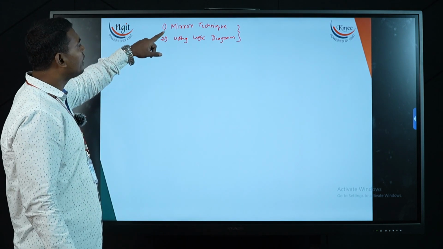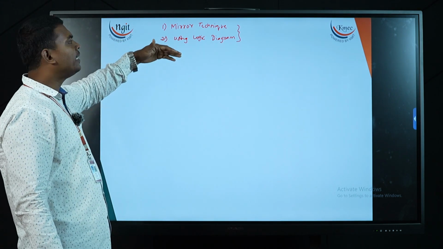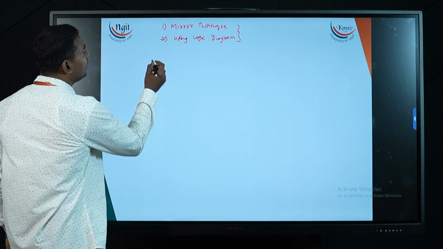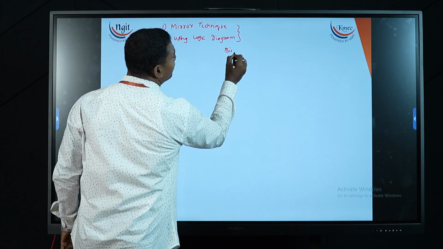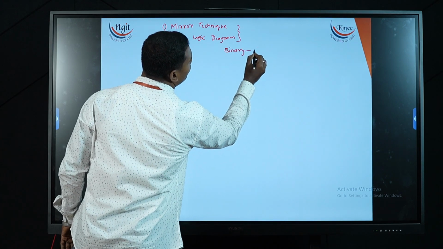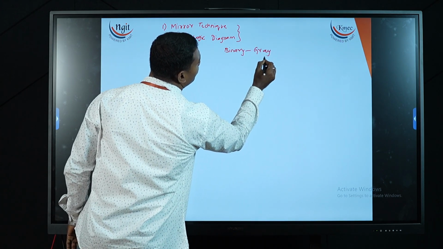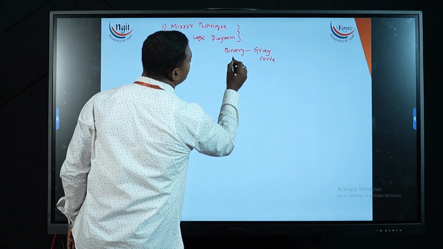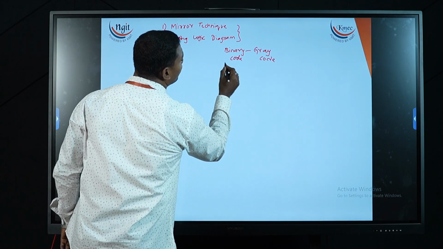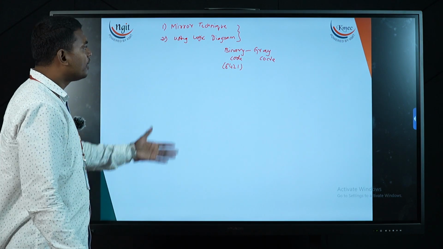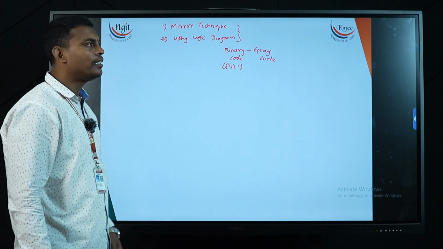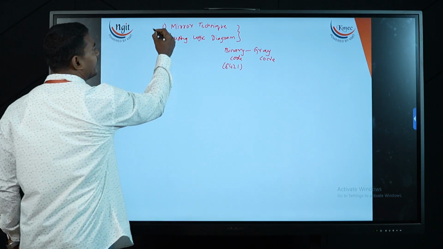Now let's get into it and see how I can generate gray code from binary to gray. This is my gray code, this is my binary code. Binary code, you know generally, is the 8421 code. Now let's see how this can be done using these two techniques.